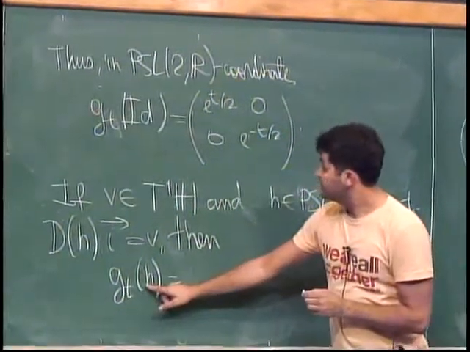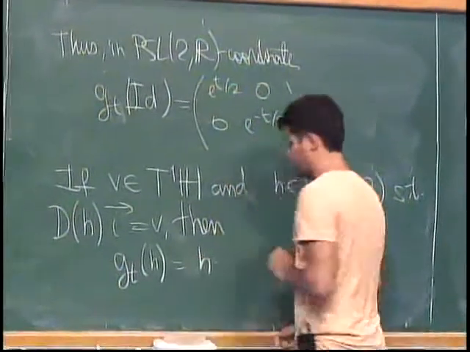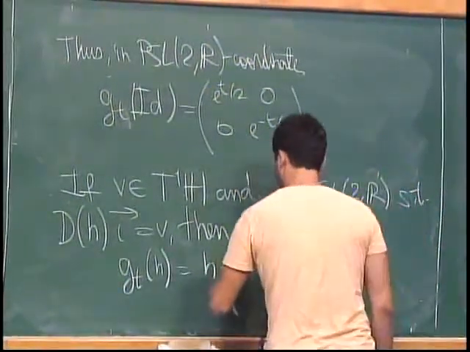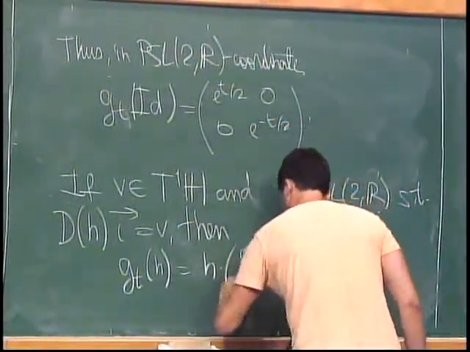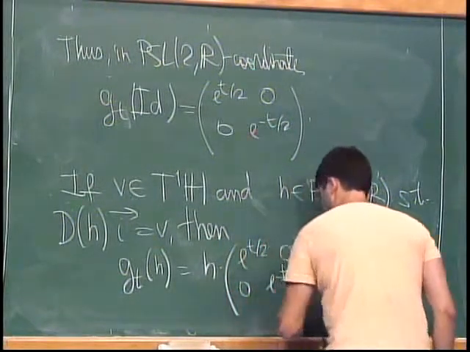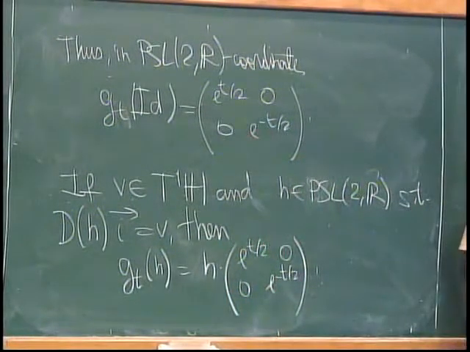It gets the matrix H and multiplies on the right by this. Okay?